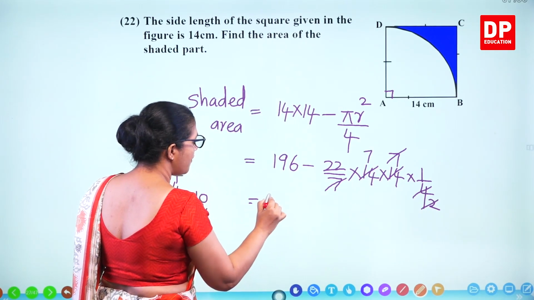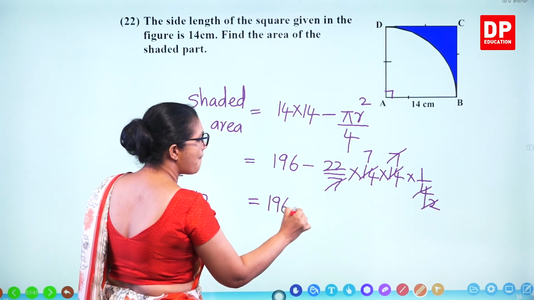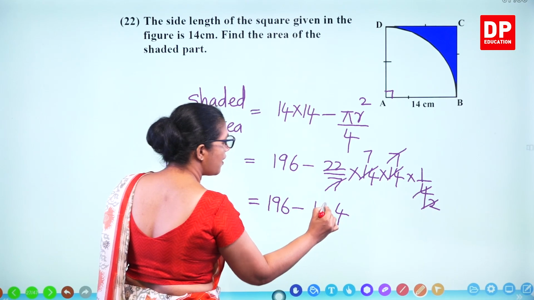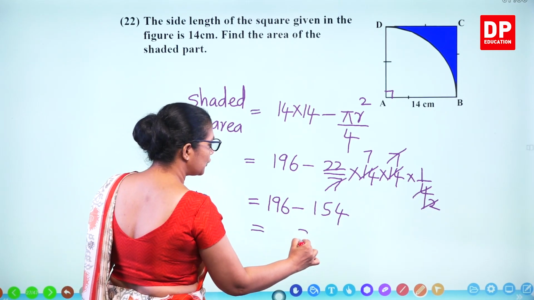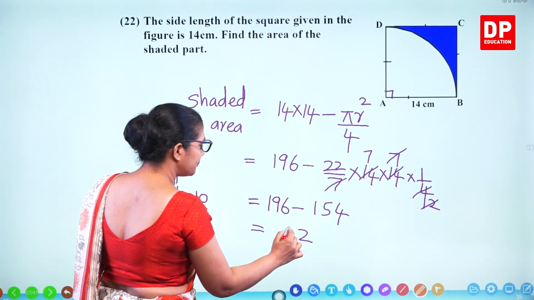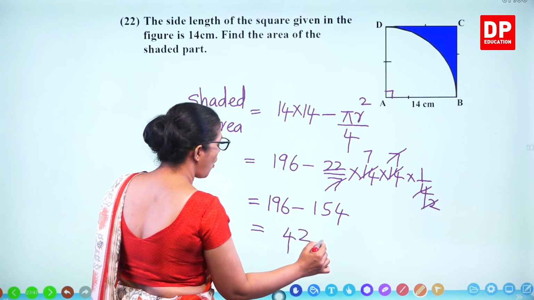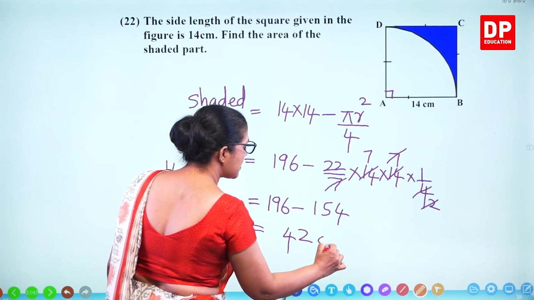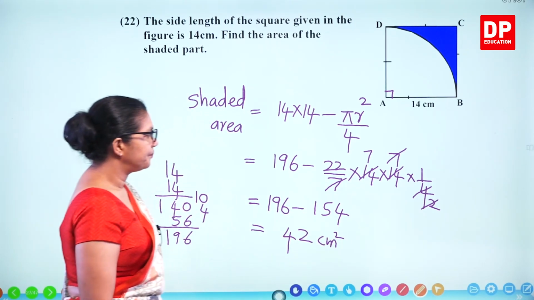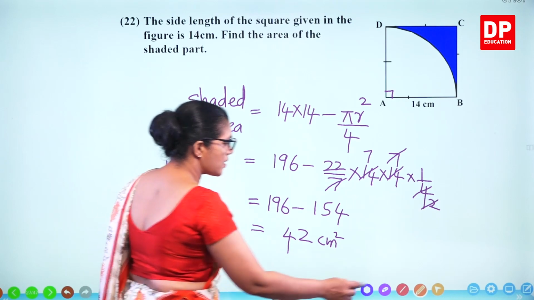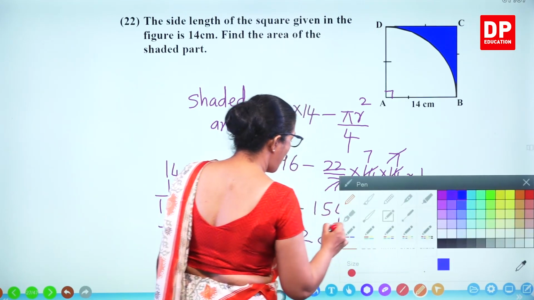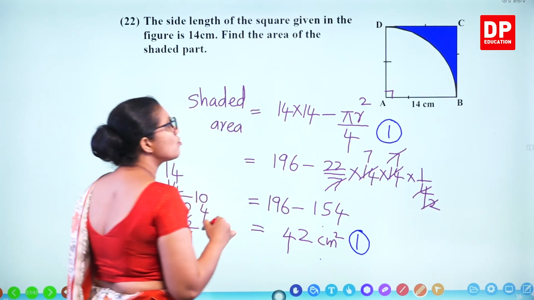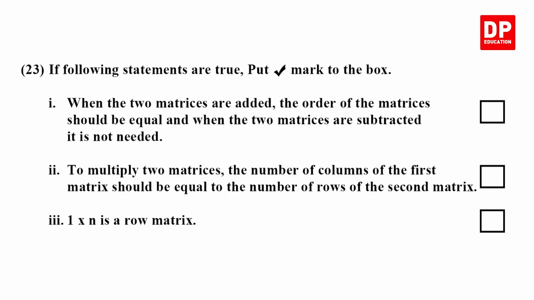So you get 196 minus 7 times 22, 154. So subtract, 42 square centimeters because this is an area. So 42 square centimeters, 1 mark for this and 1 mark to identify the method.